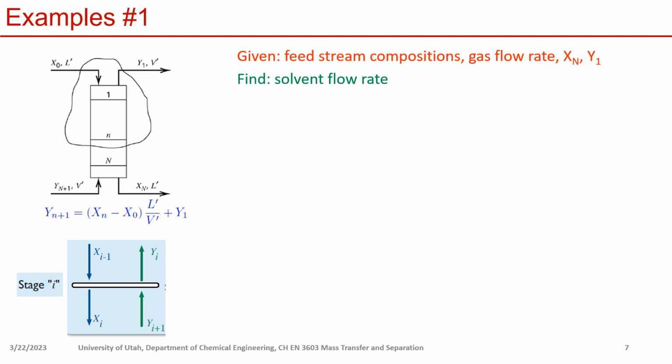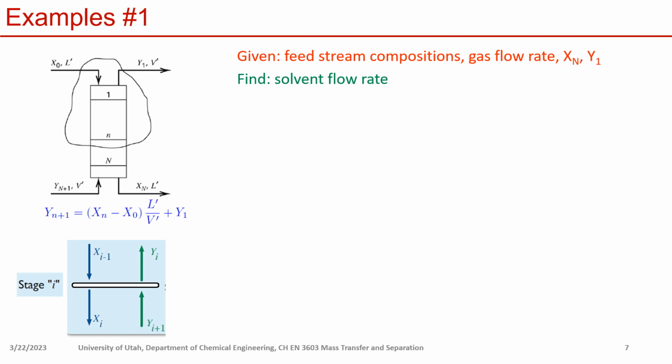Then by doing that, we can derive an operating line equation, right? This equation, given phase compositions x0 and y1, is basically the composition of the liquid absorbent coming into the tower and the composition of the gas phase leaving the tower.